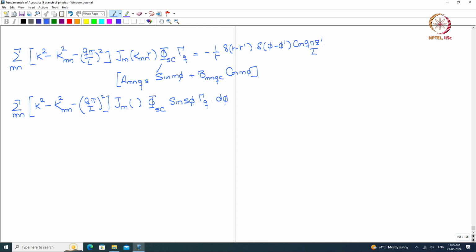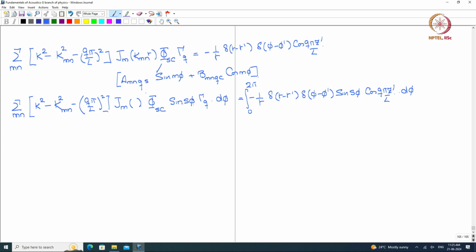and that is equal to minus 1 over r delta r minus r dash delta phi minus phi dash sin s phi cos q pi z dash by L. Then we integrate 0 to 2 pi d phi.